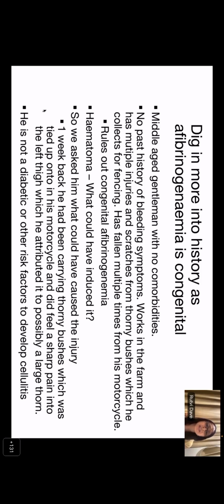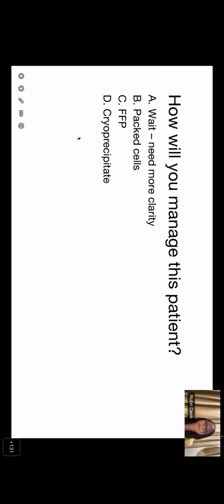He vaguely remembers that some large thorn-like prick injury had happened to the thigh, and possibly that could have caused the hematoma. He's not diabetic, and there is no other risk factor to develop cellulitis.